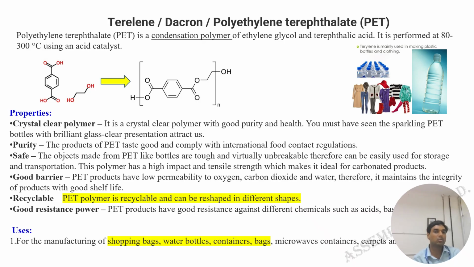Recyclability is also quite good. It is first of all resistant against chemicals such as acid, base, or heat, used for manufacturing shopping boxes, bags, water bottles, containers, microwave containers.